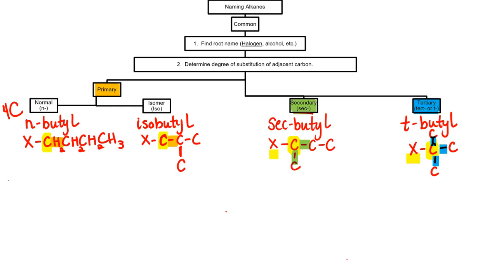Let's try another example. Let's keep going and let's look at 5 carbons. At 5 carbons, N-pentyl, we'll have 1, 2, 3, 4, 5 carbons in a row. What will isopentyl look like?